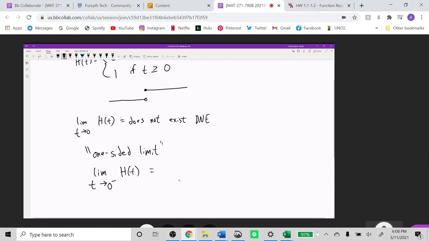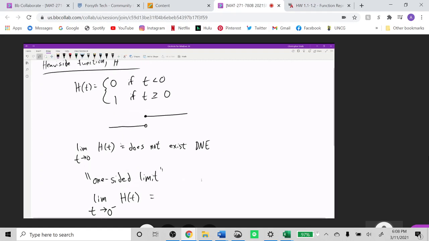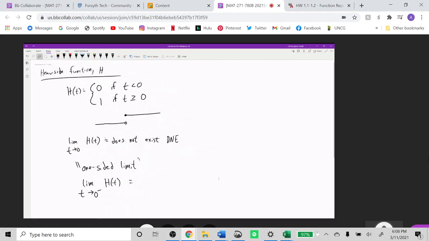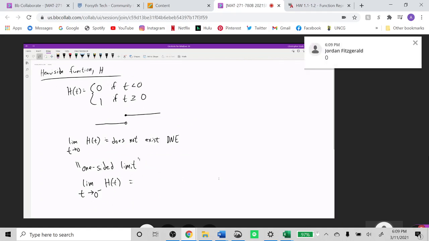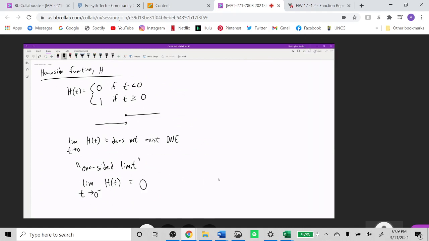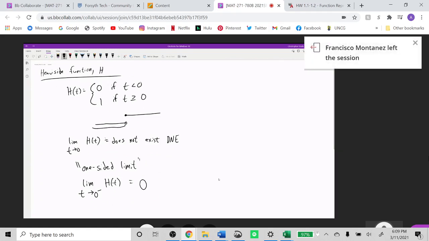This represents t approaches 0 from the left. What's going to be the limit of this function as t approaches 0 from the left? Zero, right? And approaching 0 from the left, we mean approaching 0 from values that are less than 0, right? So getting close to t equals 0 from the left, we get this y value of 0.